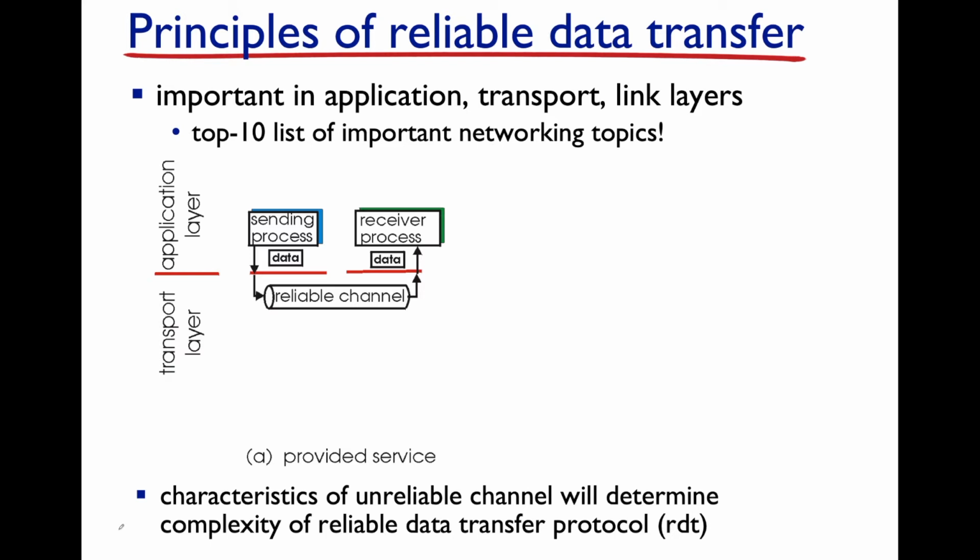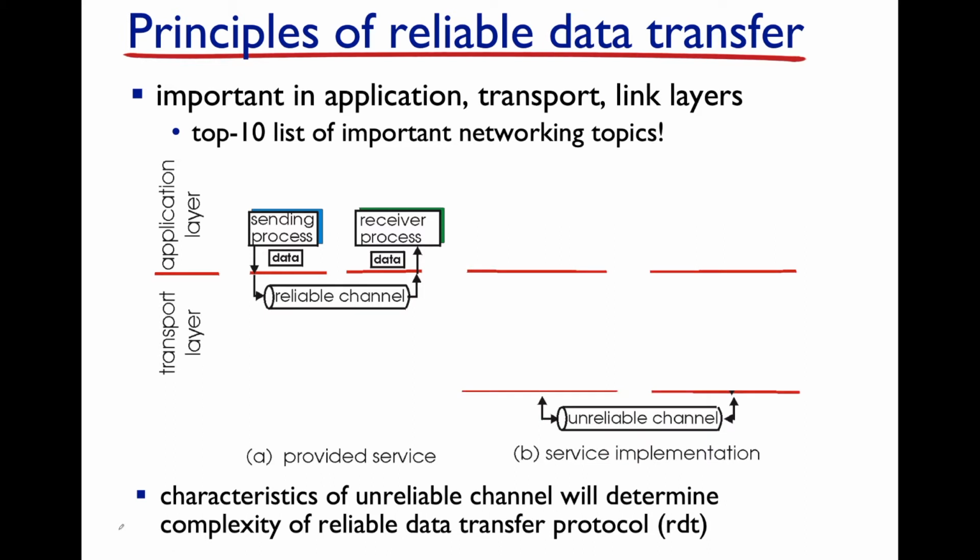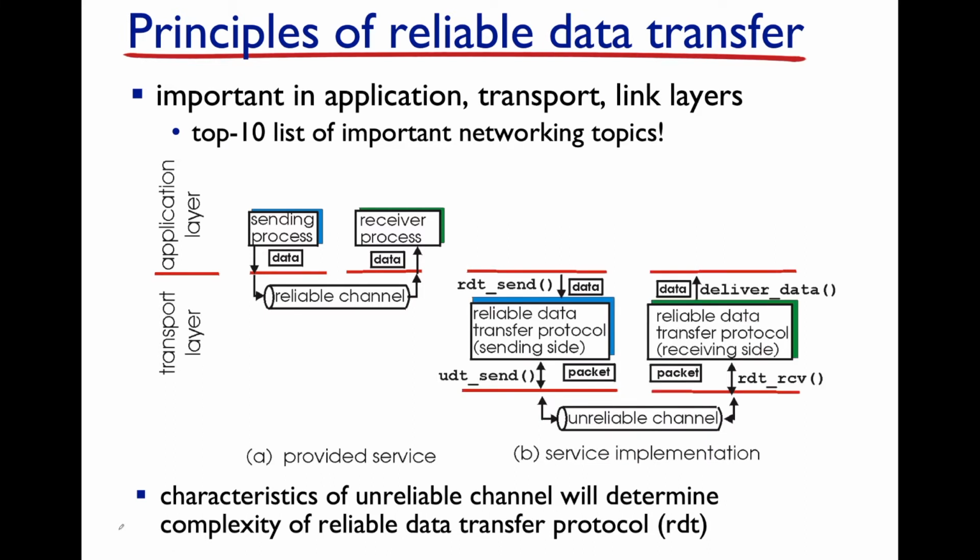Now, of course, the applications view a reliable channel, but that's not the case in practice. The transport layer sits on top of the network layer, and when it gets that data from the application layer above, the application perceives that it's doing a reliable data transport send.